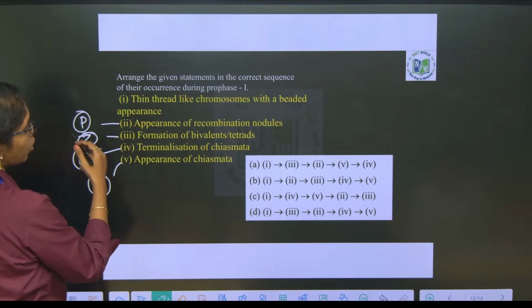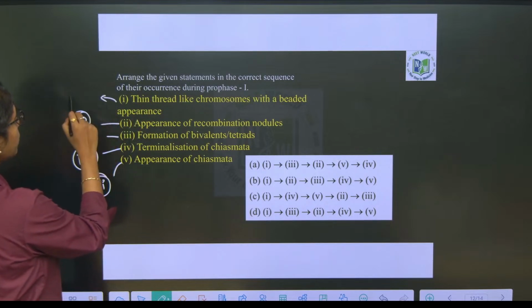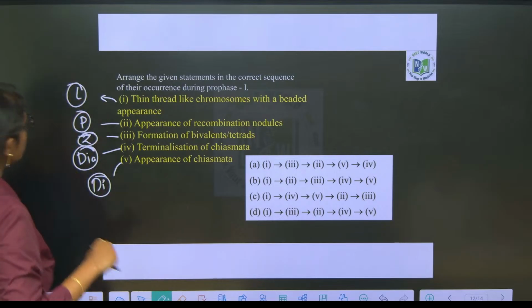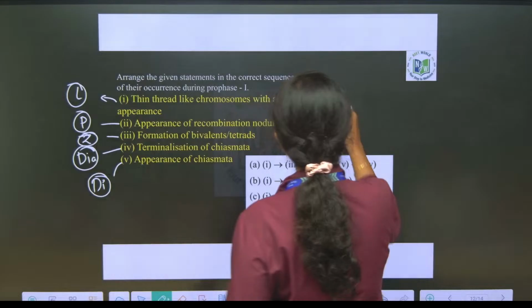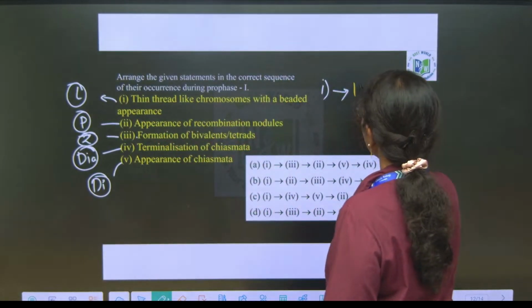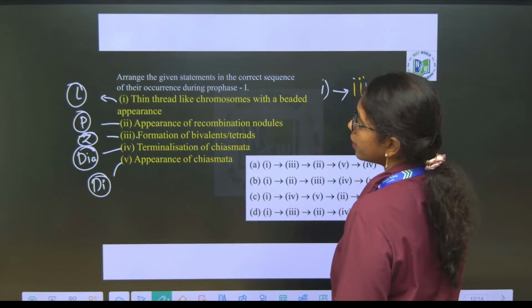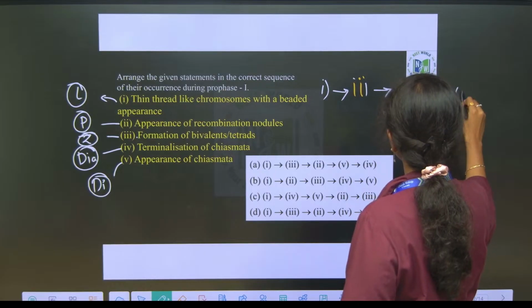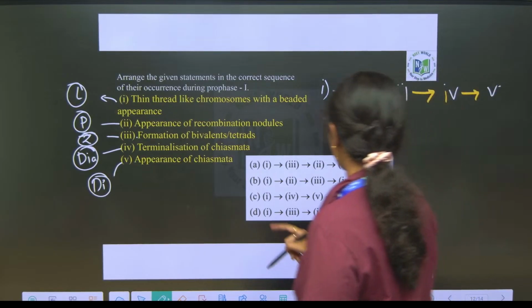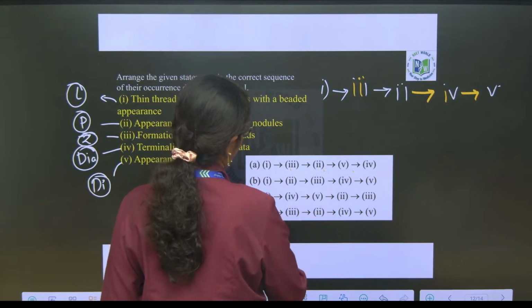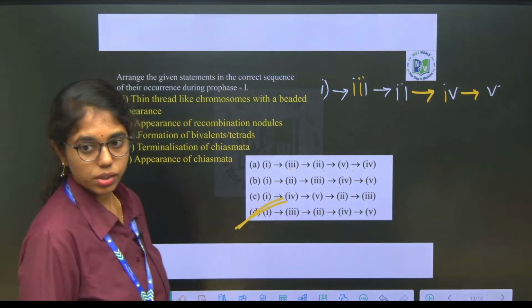Thin thread-like chromosomes with beaded appearance in leptotene. So, here you see 1, 3, 2 and then 4. Yeah, good. Option D will be the right answer. Next.